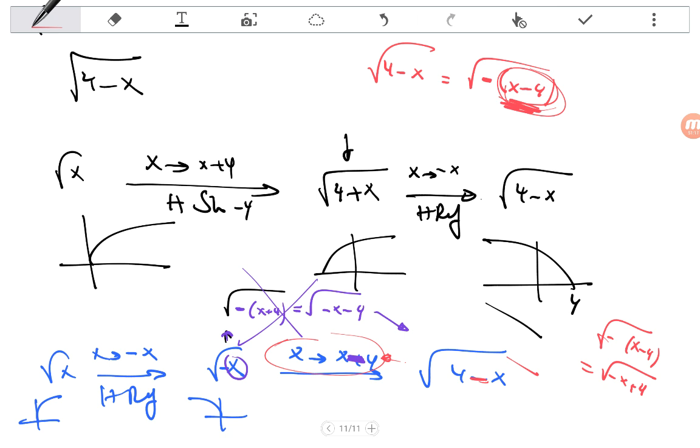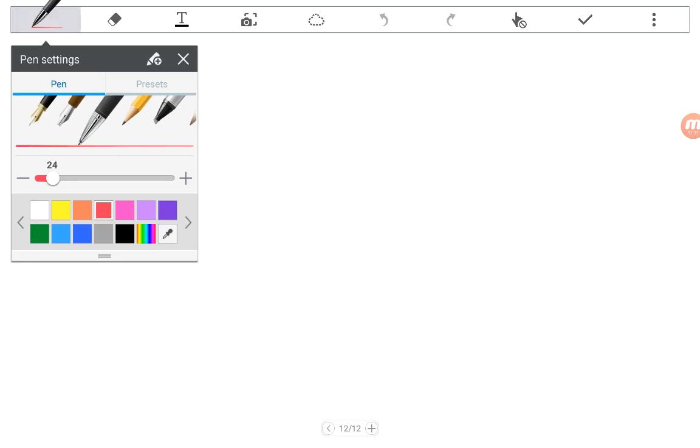Okay, this is enough for the transformations of functions. Now we start the new lecture. That was a part of the last lecture. Now we'll start with some functions that you must have studied before.